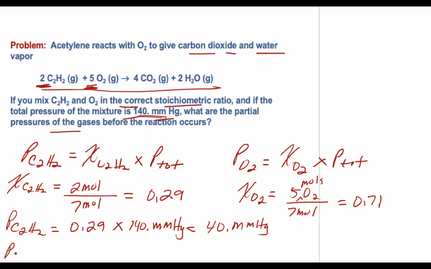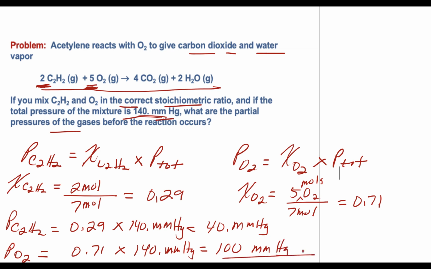Okay, so we'll just go ahead and write this out anyway. So this would be 0.71 times 140 millimeters of mercury, and 0.71 times 140 is 100 millimeters of mercury.